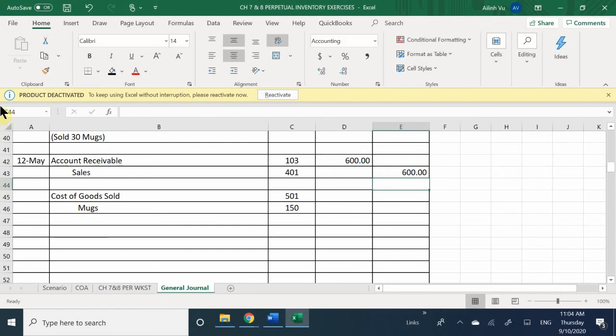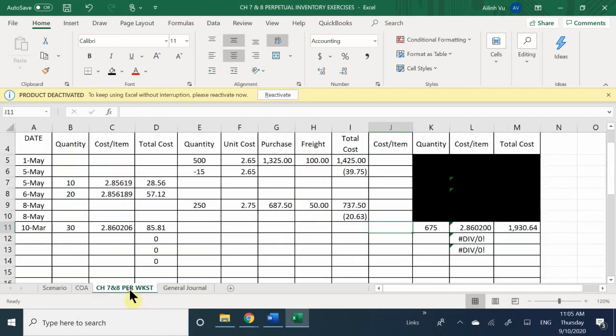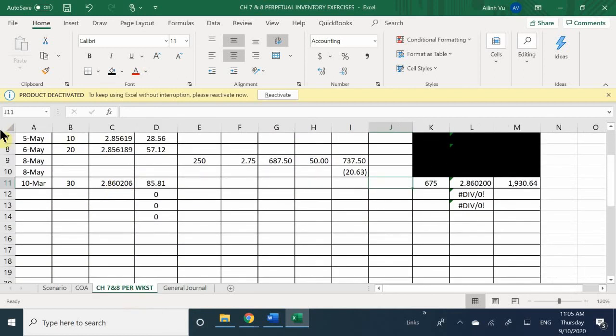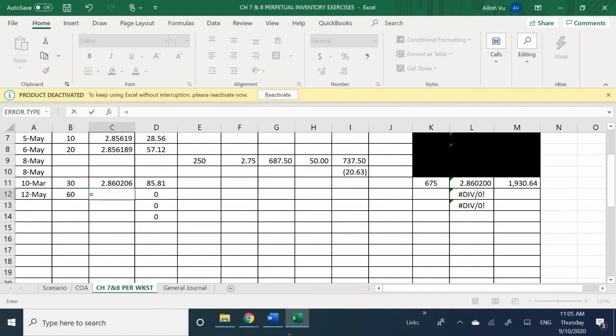Now we need to figure out what our cost of goods sold is. So we're going to go to our inventory worksheet, and we're going to indicate here that on May 12th we sold 60 mugs.